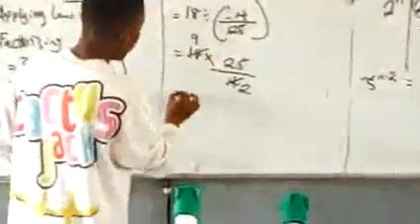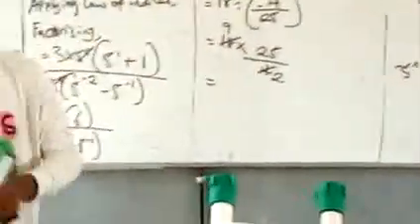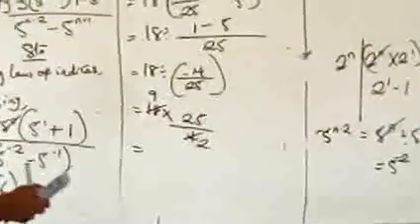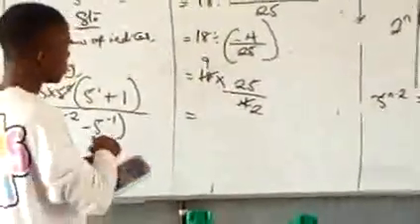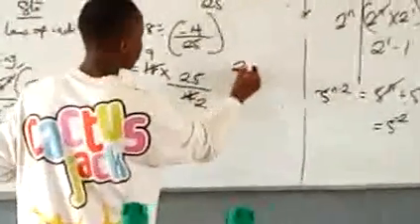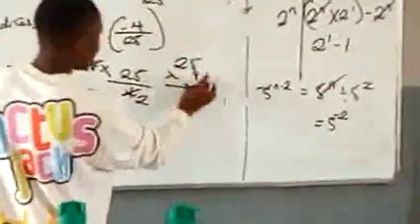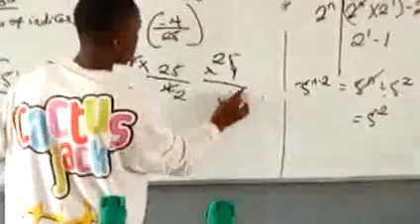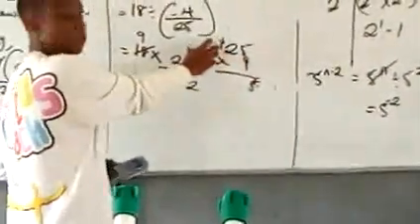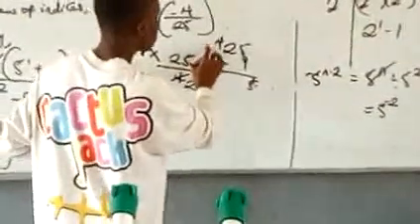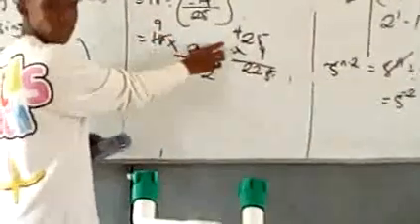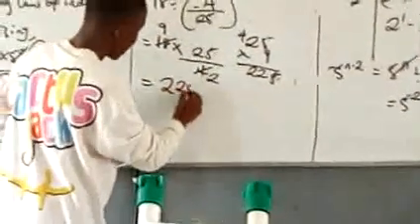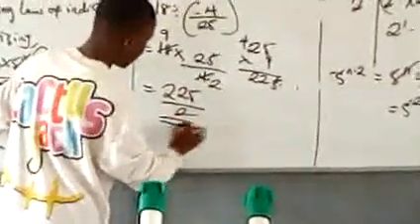So therefore, 25 times 9 will give you 9 times 5, 45. 9 times 2, 18. 18 plus 4 will give you 22. So therefore, we now have 9 times 25 will give you 225 all over 2. That's the answer.